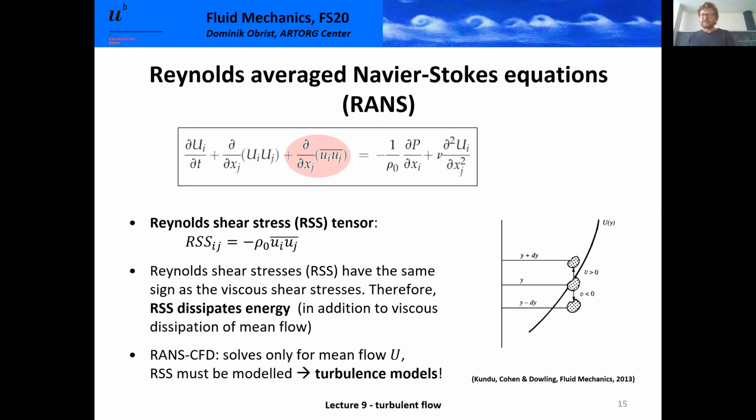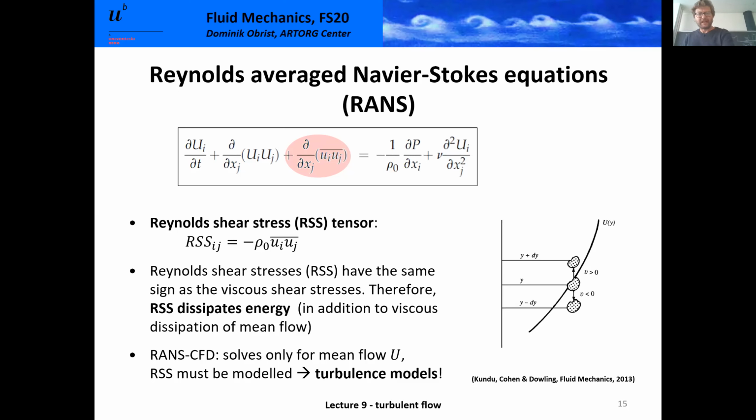The only difference in the Reynolds average Navier-Stokes equation is that we have this red term. And again, this comes out of this nonlinear term, because if you have this nonlinearity and you have a capital U plus lowercase u times capital U plus lowercase u, when you have a square, you get these mixed terms, and you end up with a term which has ui, uj, these are the different velocity components, u, v and w, ui, uj averaged.